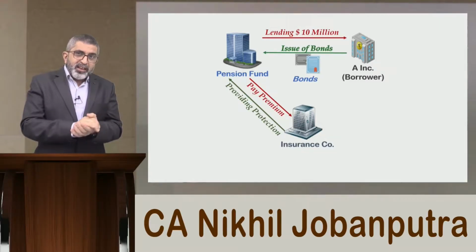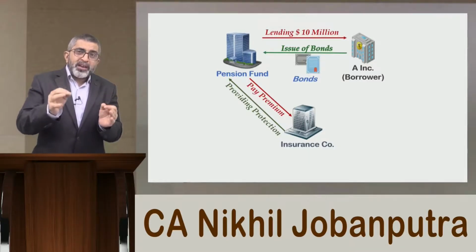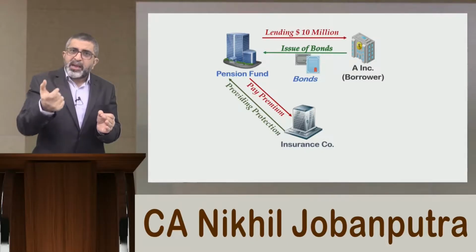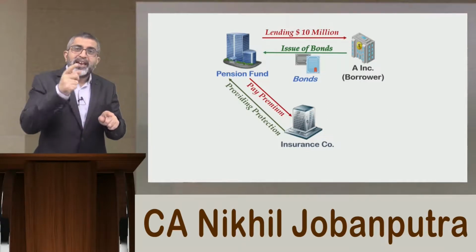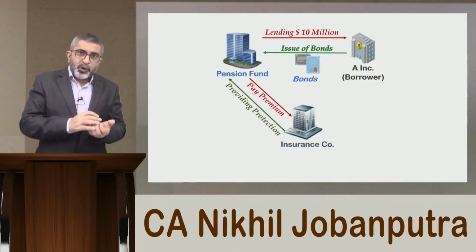So 1.5% of $10 million will be the annual premium charged by the insurance company. That becomes the income for the insurance company and an expense for the pension fund, because the pension fund is incurring this expense as premium to buy this protection.